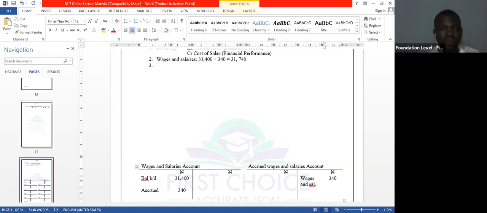Then the following additional information that we have is rent prepaid at 28 February. Rent prepaid means that we have paid 230, so rent prepaid of 230. If I want to do my workings here, I prefer it for exam purposes. It saves time, and you are good to go in a short period of time.